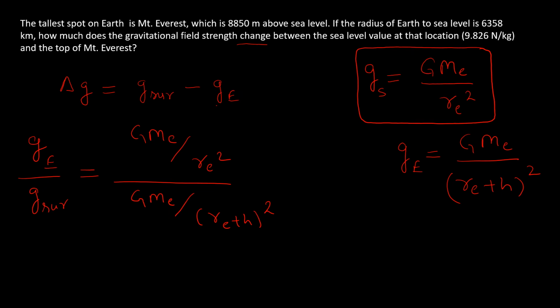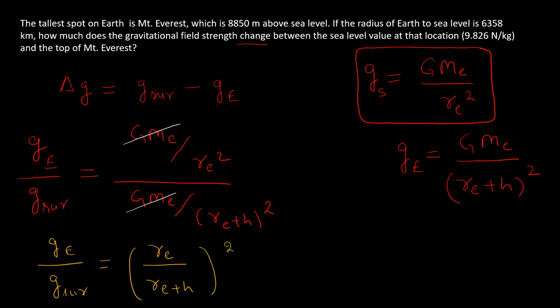So this will cancel with this, and now we will be left with the relation that g of E over g of surface is equal to R_E over (R_E plus h), and the square of this.